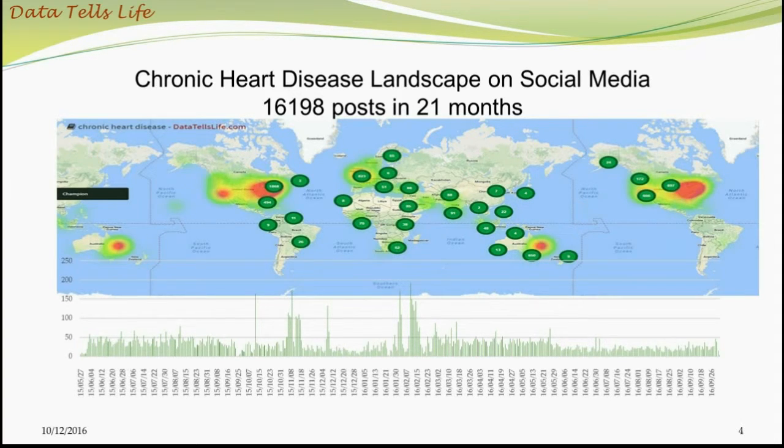As we use English as the detection language, it is not a surprise that the US and the UK have most of the posts. However, chronic heart disease as a topic also spreads all over the world. In the bottom of this statistical report, you can see how many posts happened every day in these 21 months.